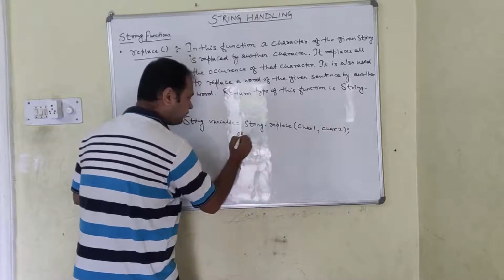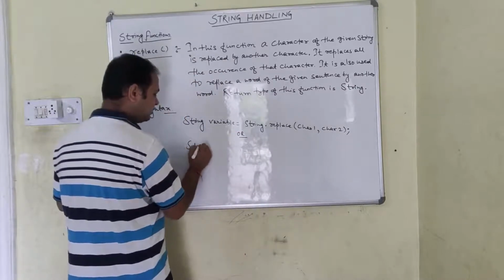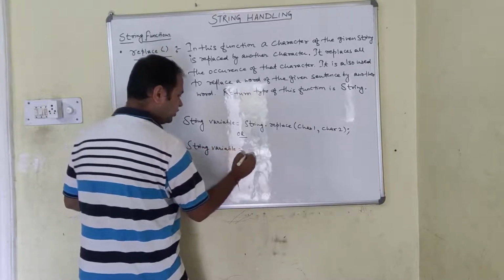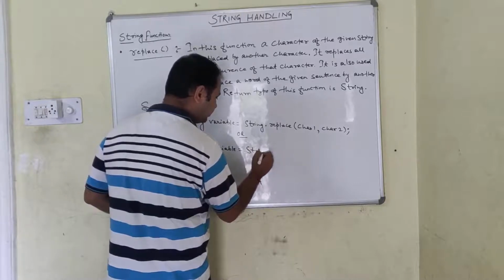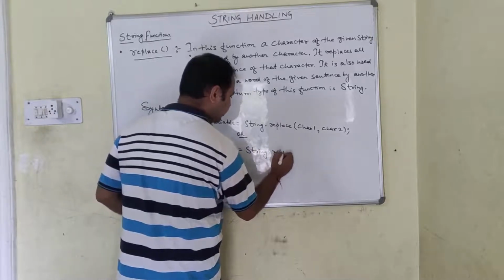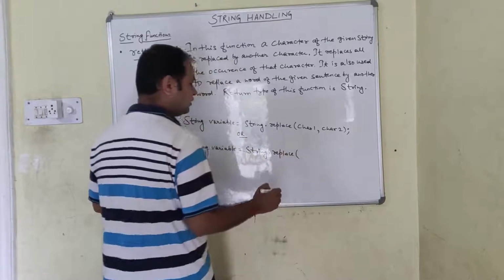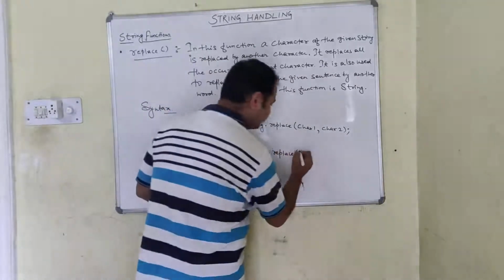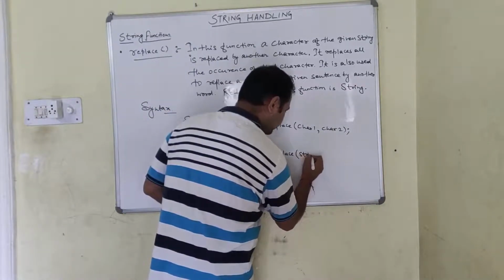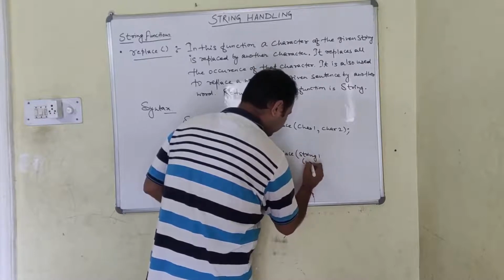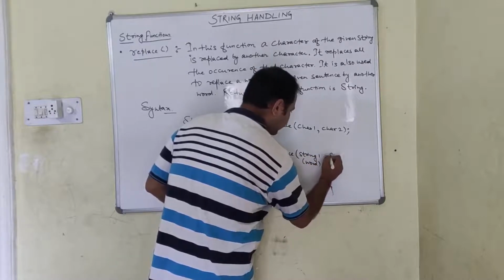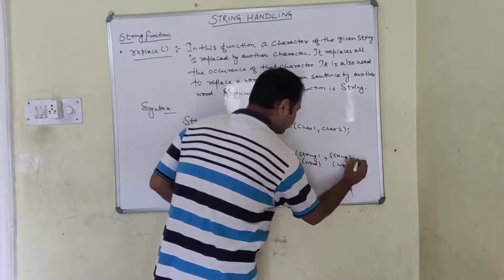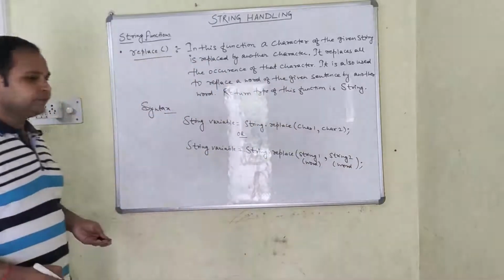Or we can write string variable is equal to string dot replace, where we replace one word, so I take string 1, which is your word, comma, string 2, which is the other word, semicolon.